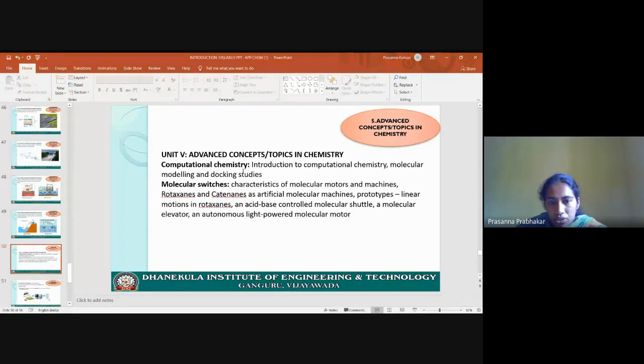Computational chemistry: in this unit mainly we discuss how to solve a problem by using a computer. That is considered computational chemistry. In this unit, mainly we discuss how to solve a chemical problem by using a computer. In computational chemistry, we explain molecular modeling and docking, how to model the molecule and how to dock the model. Next part, molecular switches.